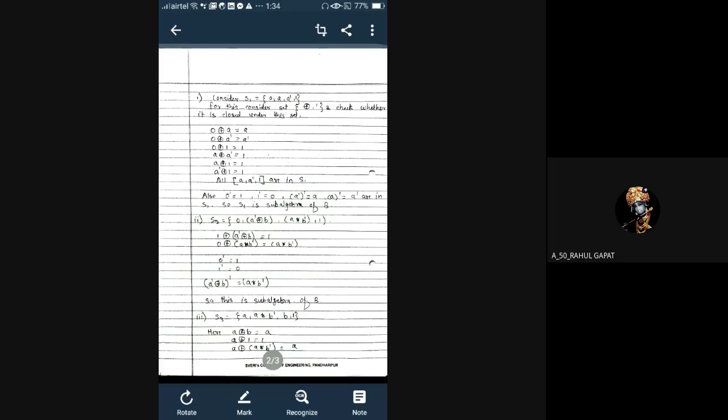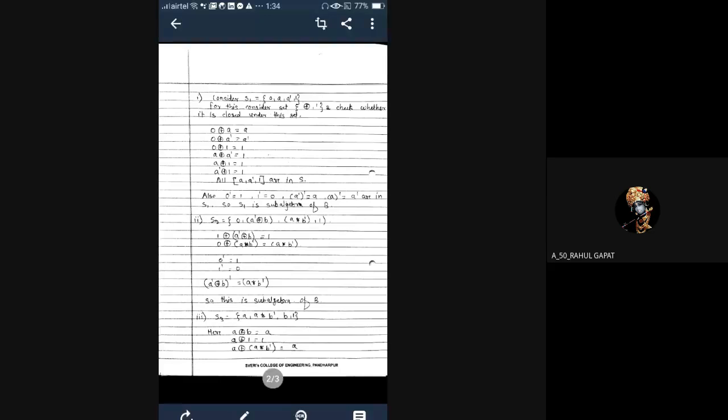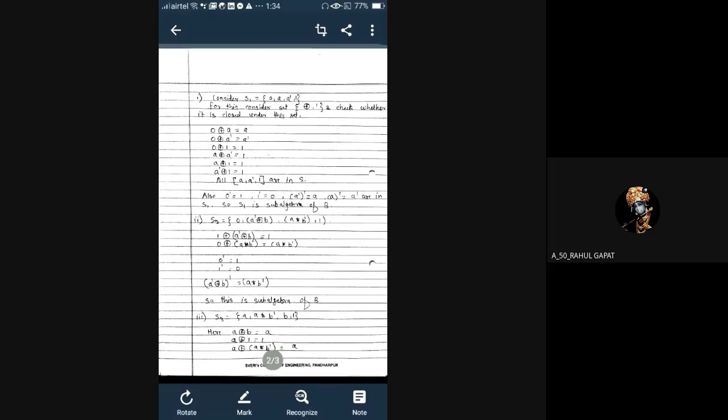Now we have to check whether it is closed under the complement operation. For that purpose we take the complement of each and every element. Let us consider the first element, 0. 0's complement is 1 and that is present here. Again 1's complement is 0. The next element is A dash XOR B. Here we have to take its bracket complement.